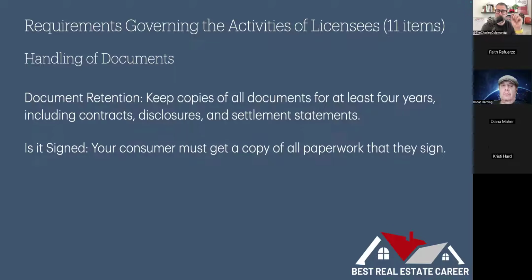Now, here's the thing, you keep it for 4 years after it completed or 4 years after it failed. All right. So let's just say that you help someone buy 123 Main Street. That starts your 4 year time period, not from when you got the paperwork signed. It's 4 years from completion. Or let's say that in that relationship, you and the seller break up.